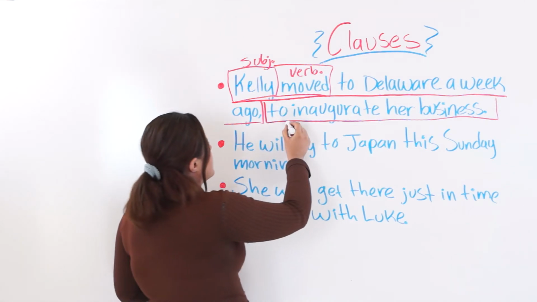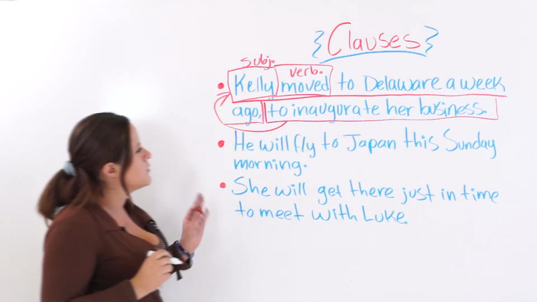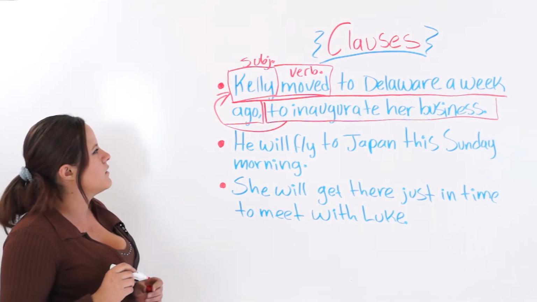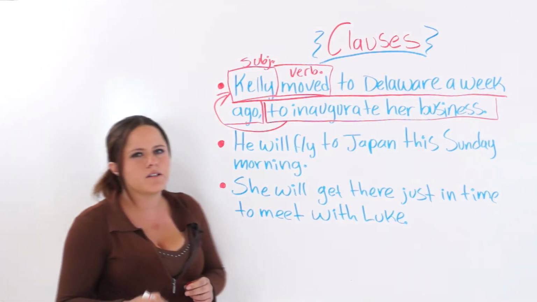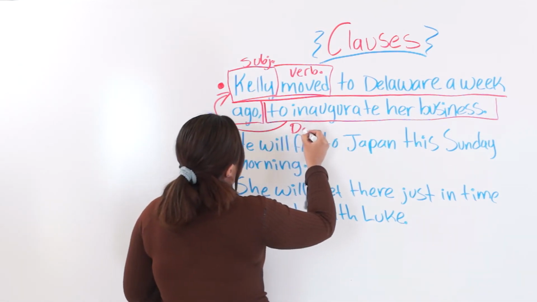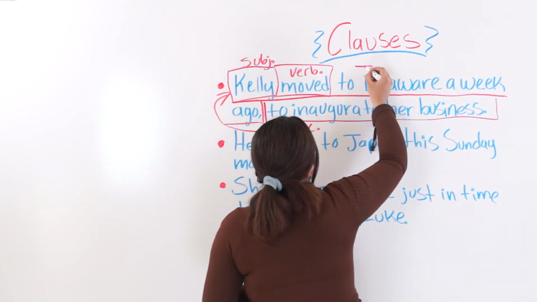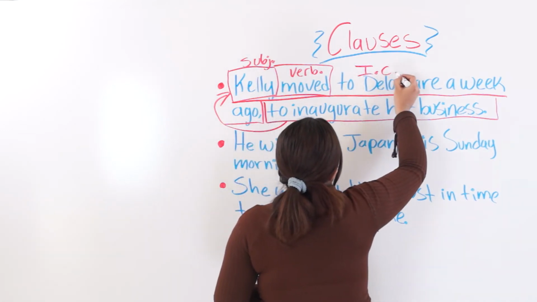Because this depends on the subject and verb. Kelly moved to Delaware a week ago to inaugurate her business. So this is a dependent clause, and this one on top is an independent clause.